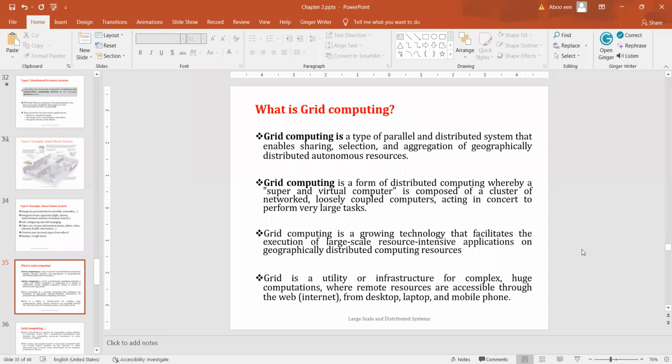So it's a kind of computing service or infrastructure for complex, huge computation. These services can be accessed remotely through desktop, laptop, and mobile devices with the help of the internet.